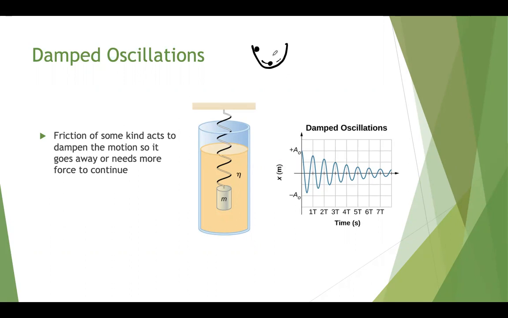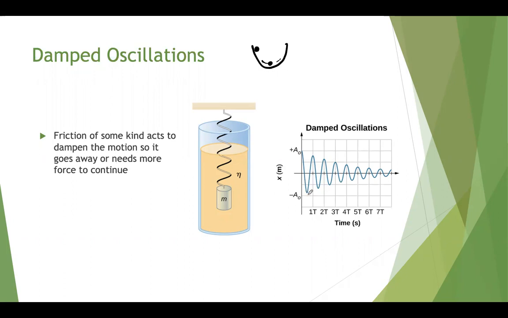And we see that in this graph here as well. This is position versus time. We start at our maximum amplitude, go down to almost our minimum amplitude, and it's already starting to dampen. It doesn't go all the way down to the bottom here, just above.